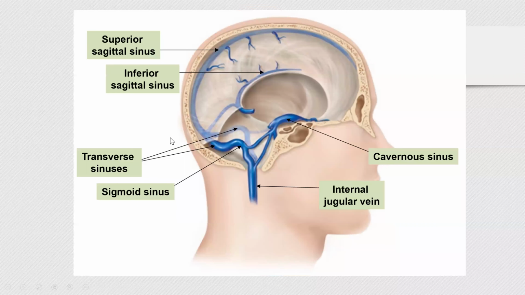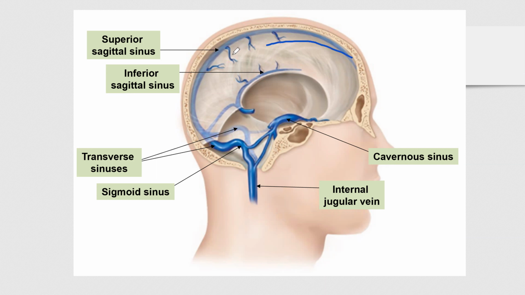Now this is how we return blood from the brain. Now, inside this cranial cavity, we have veins, but we call them sinuses. Just because they are a little bit different, they have a thinner wall and they are more like flat blood vessels, so we call them sinuses.